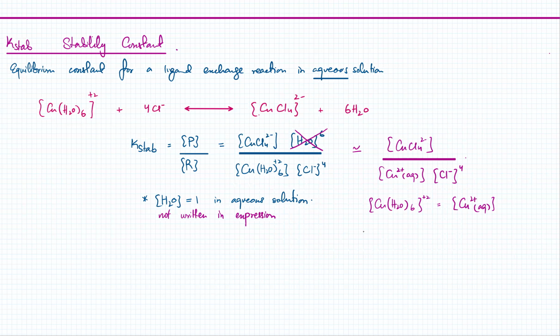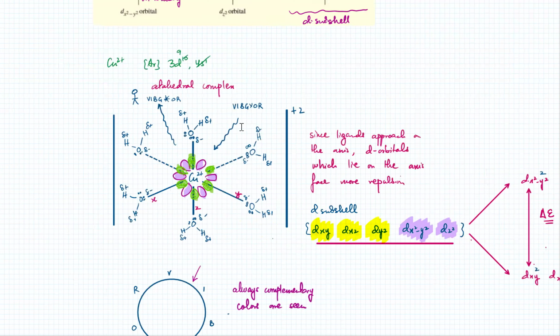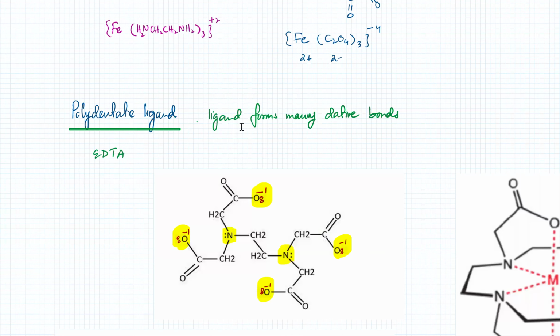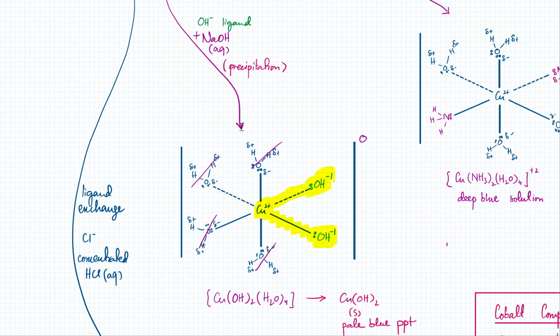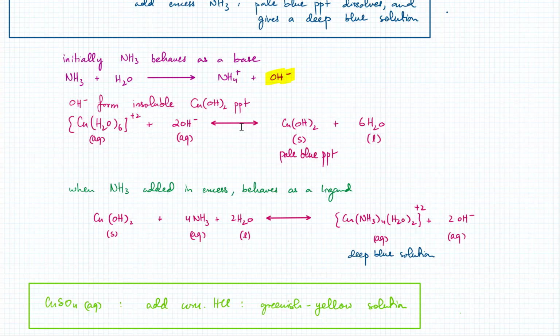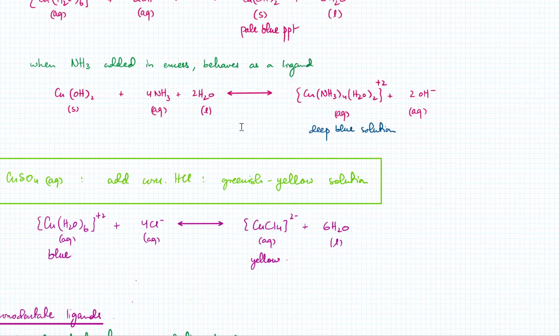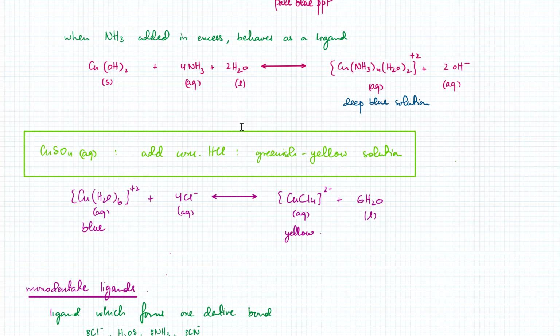So all the ligand exchange reactions that we did, they all have a K stab value. All of them have a K stab value. So for example, any of the ligand exchange reactions that we did earlier, we wrote down equations as well. This one we already did.